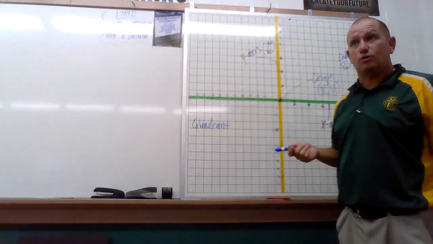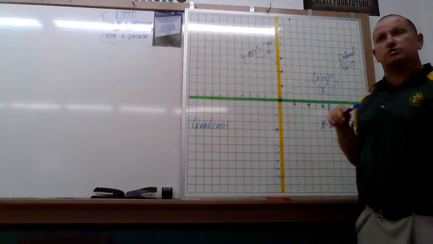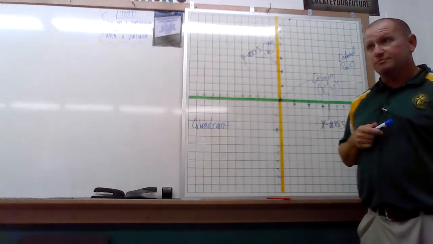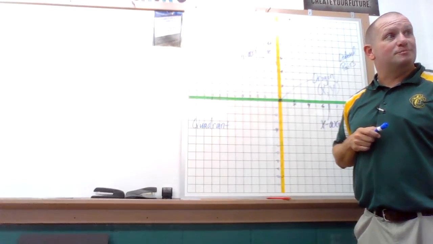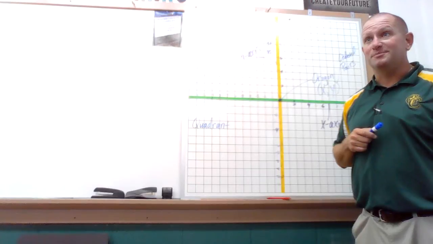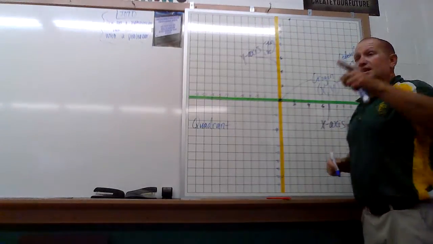Where do we start with quadrant 1, do you think? Which one of these do you think is quadrant 1? Top left. Anybody else? No more guesses? Top right is number 1. Here's the key.